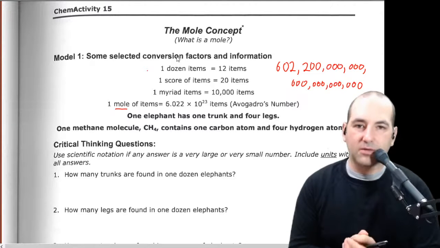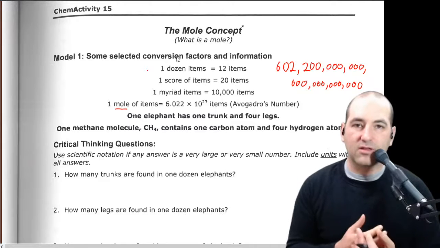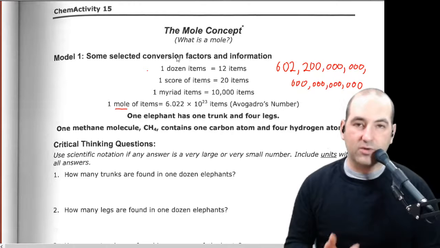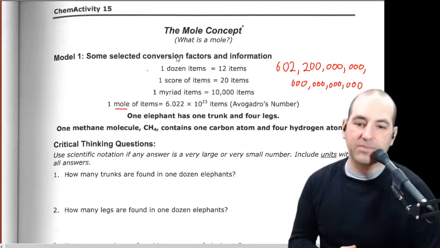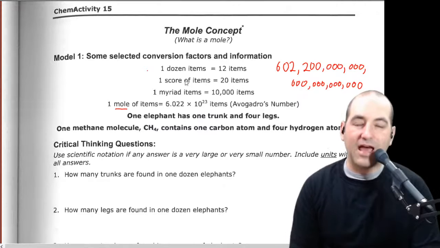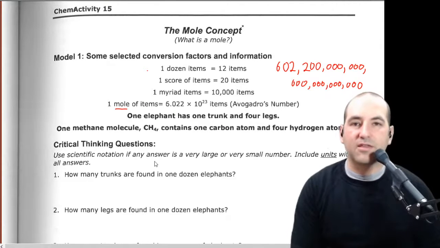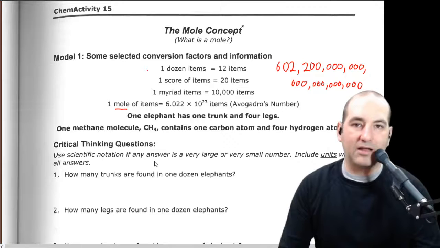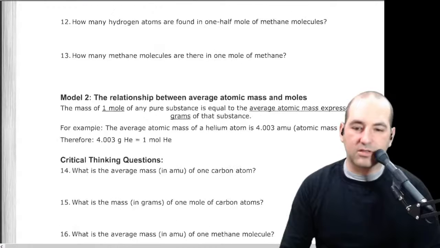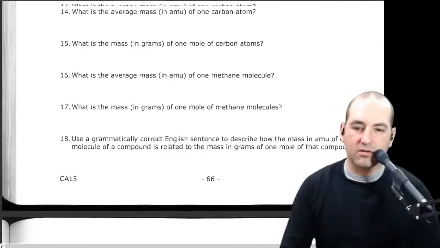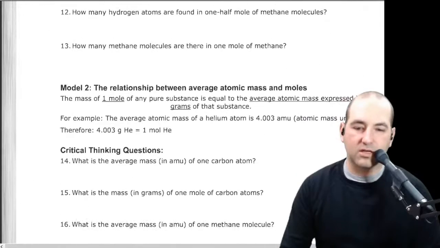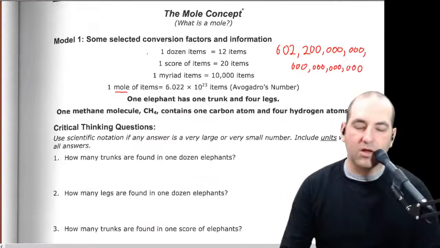So we want to be able to manipulate and count these tiny particles at a scale that we can manage with our own laboratory instruments. And so, as it turns out, if you take about this many of an atom, you've got something that can be weighed on your typical balance in the lab. I don't think it says it in here. Well, yes, it does. So, we'll get to that in a second.